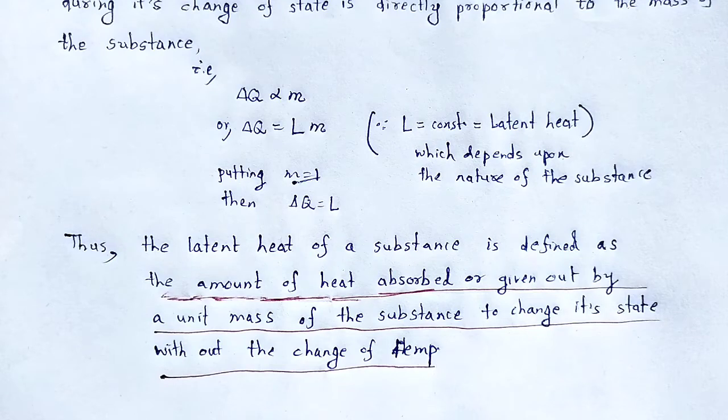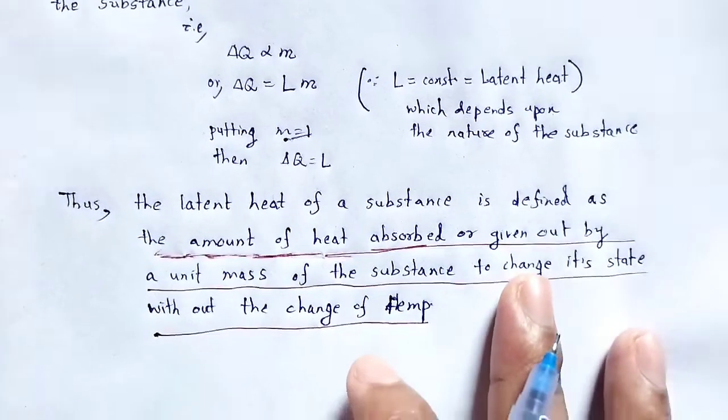Now, Clausius and Clapeyron derive an equation related to this latent heat. How did they derive it? They proceed like this.